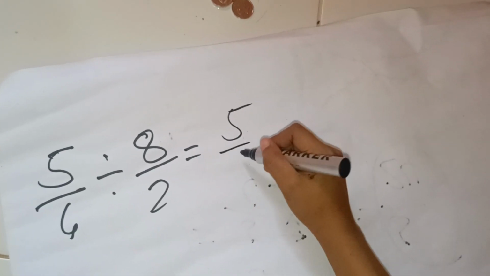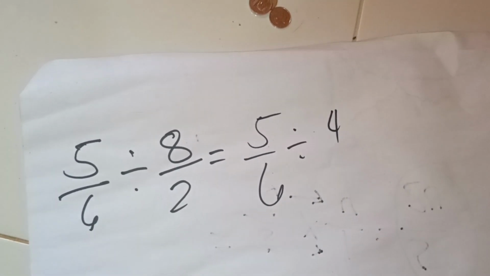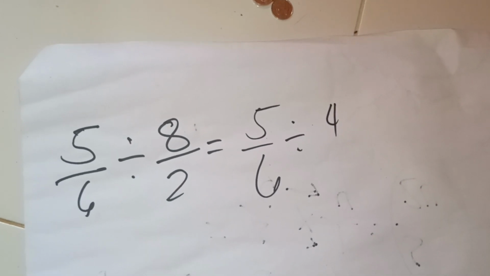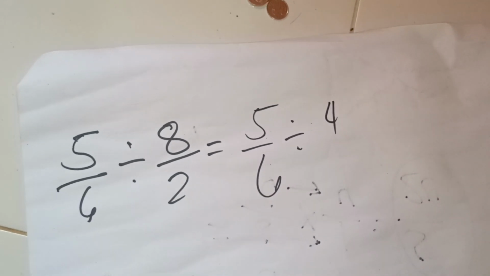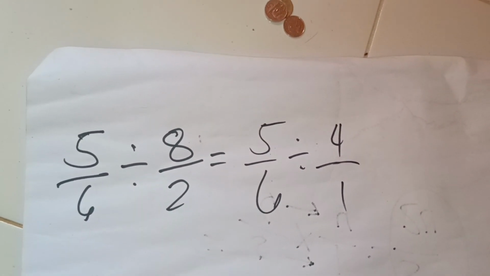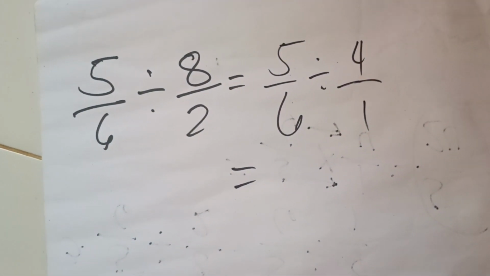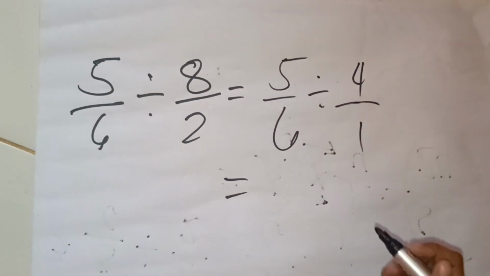So we have 4. And then, since this is a whole number, assuming that there is a 1 here, apply the steps on dividing fractions.